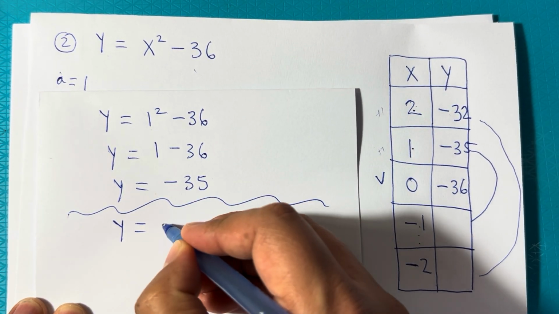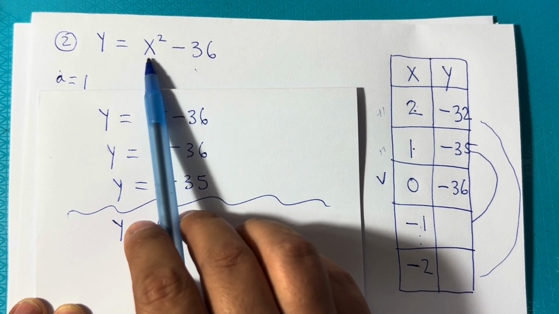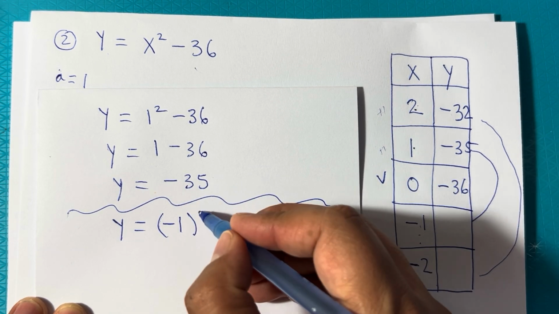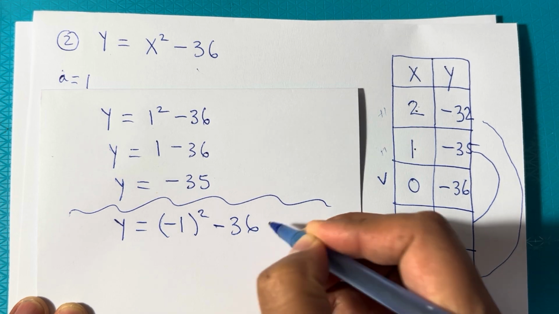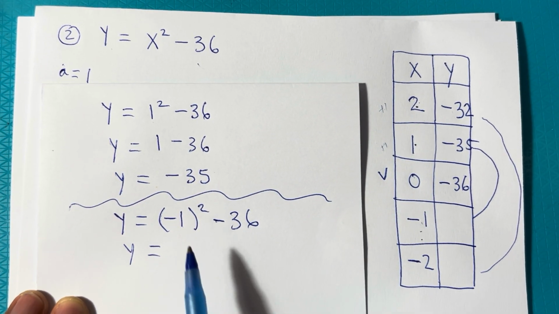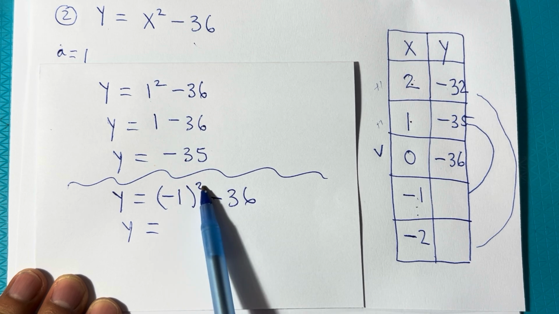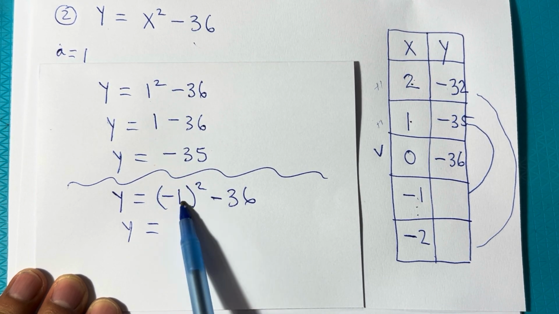Then negative 1. Y equals negative 1. Because it's negative, we're going to put it between parentheses so that we can raise the entire integer. So it will be negative 1 squared minus 36. And careful, because some people think that negative 1 squared is negative 1. No, it's negative 1 times negative 1.